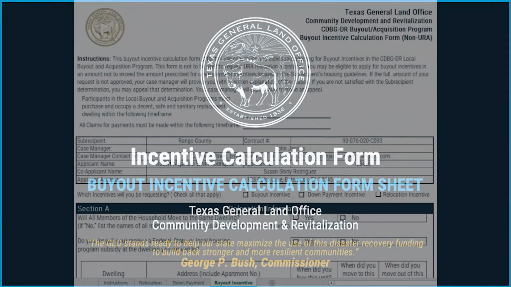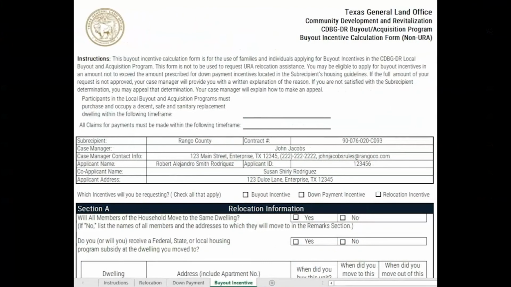To begin, subrecipients should assist with the completion of the top part of the form. In the first row, subrecipients should input the time frame the applicants must buy a replacement home that is found eligible for buyout incentives. In the next row, they should input the date all requests for buyout incentives must be submitted.